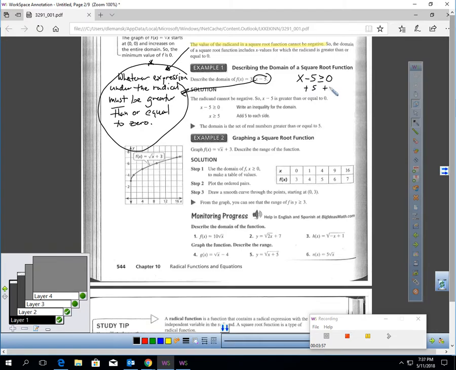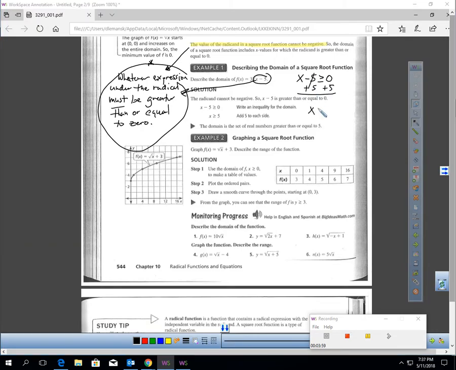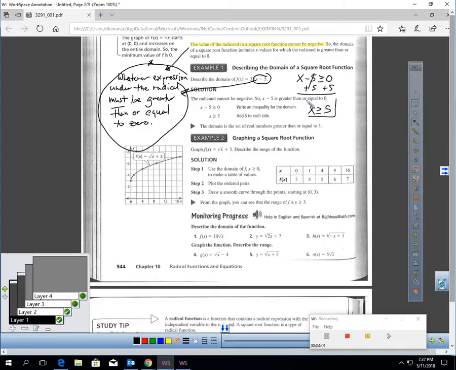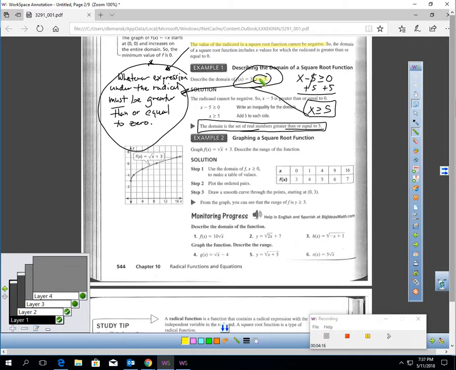Add 5, and if I do that, x would be greater than or equal to 5. So the domain of this function would have to be x values that are greater than or equal to 5. That's how I can find the domain of a square root function. It's pretty easy. Just make sure that anything under the radical must be greater than or equal to 0.